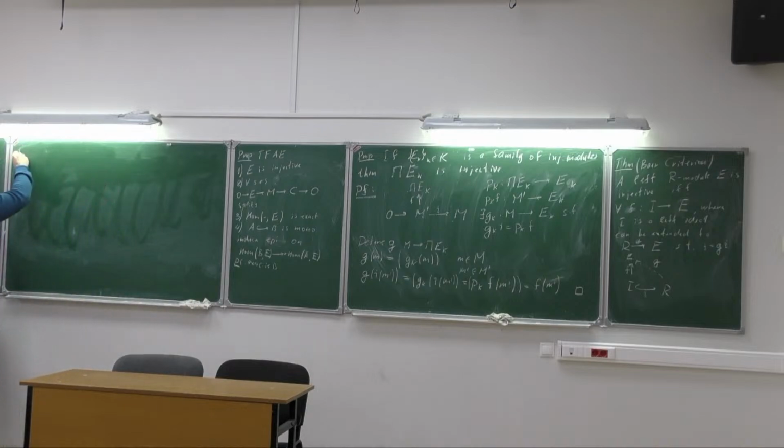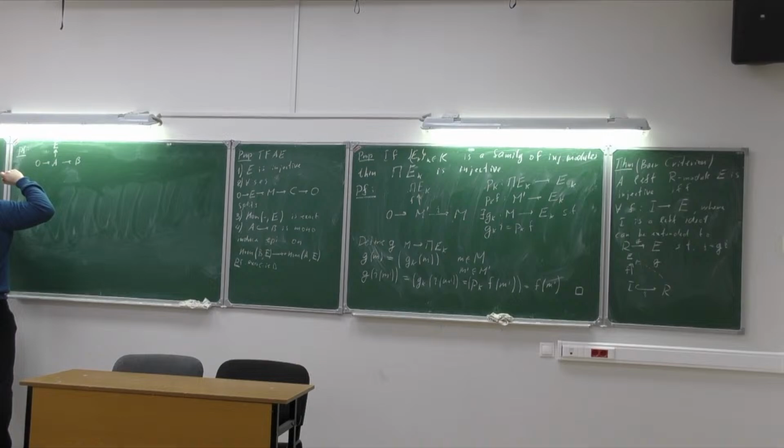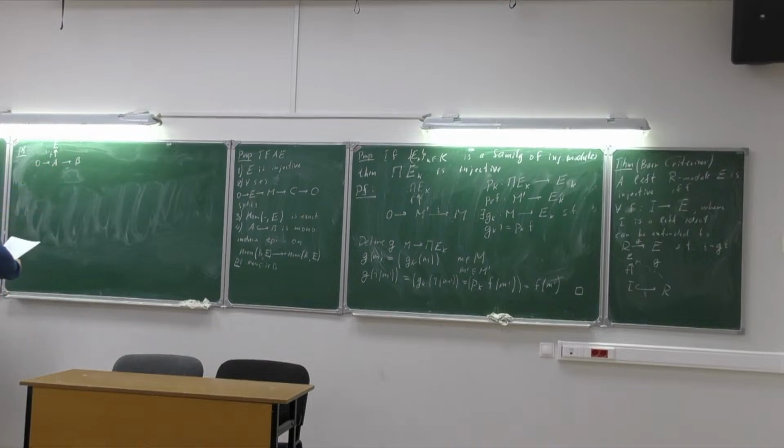So let's do this. Suppose I have this situation where A is a submodule in B, and there is a map, which I'm going to call F, from the submodule A to some module E. I want to show that there is an extension of F to B if I only know this property for the ideals.